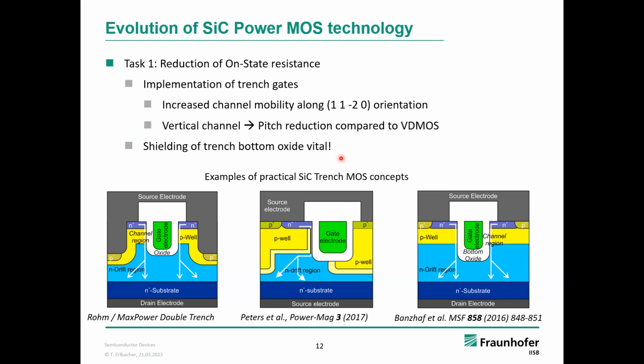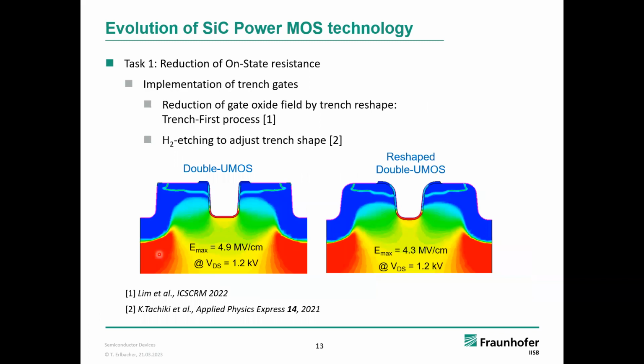What is common to all of these approaches is that the oxide in the trench structure needs to be protected from the high electric field that silicon carbide exerts on this dielectric, which is quite a difference to silicon, where the electric field is so low that the oxide wouldn't even notice avalanche breakdown occurring. But silicon carbide is quite different from that. And this also includes processing optimization, hydrogen etching, and different integration approaches that are being used here.